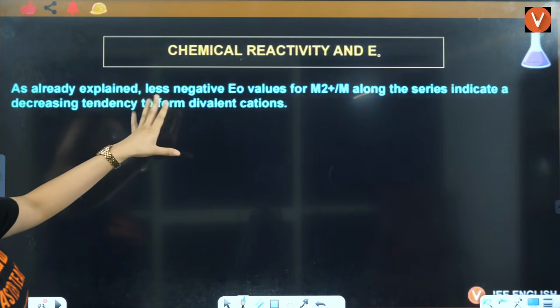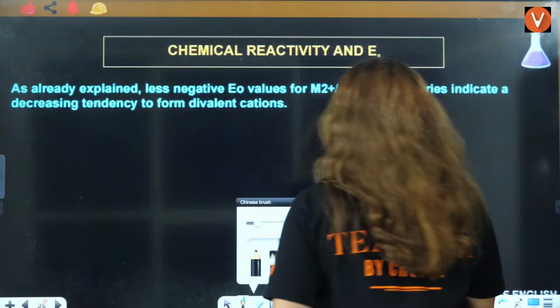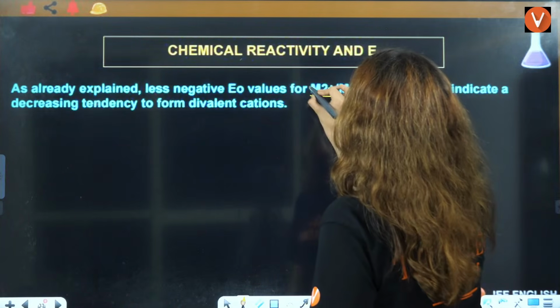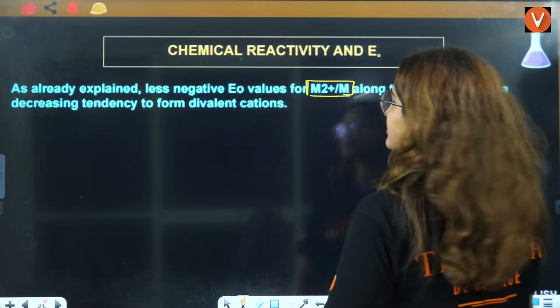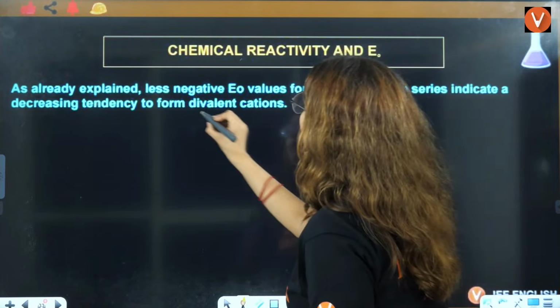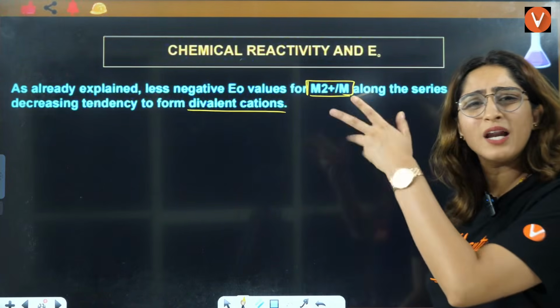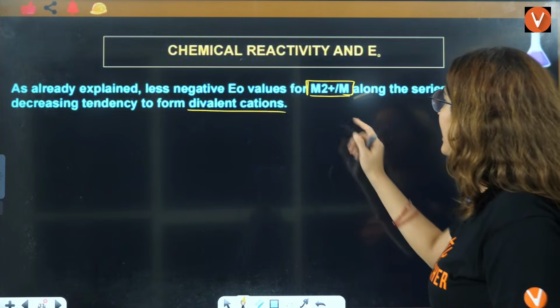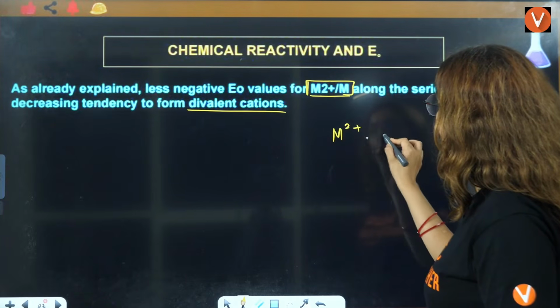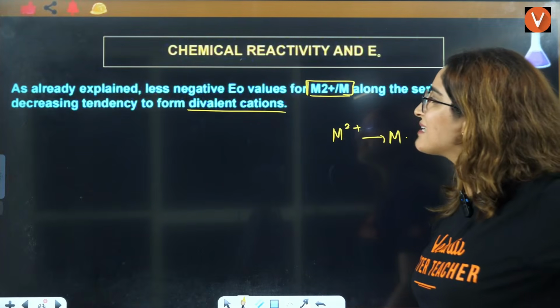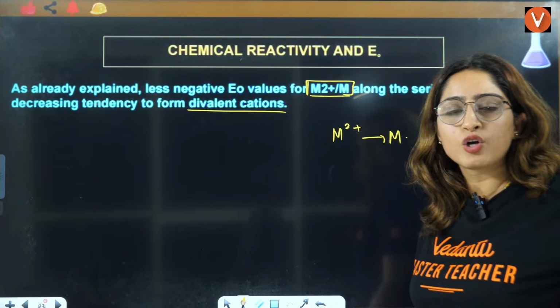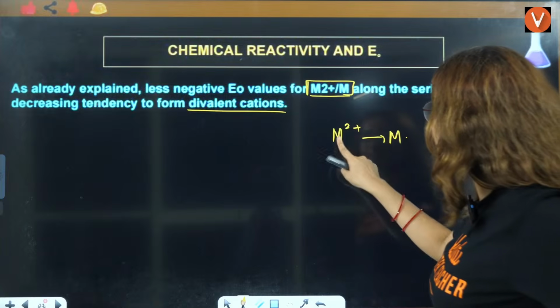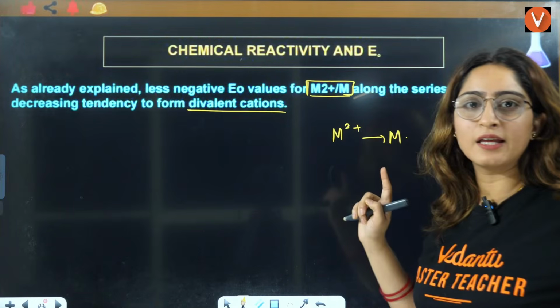As already explained, less negative E naught values along the series indicate a decreasing tendency to form the divalent cation. This I have already discussed. If it is M2+ to M, it is less negative, so this conversion will be very easy.